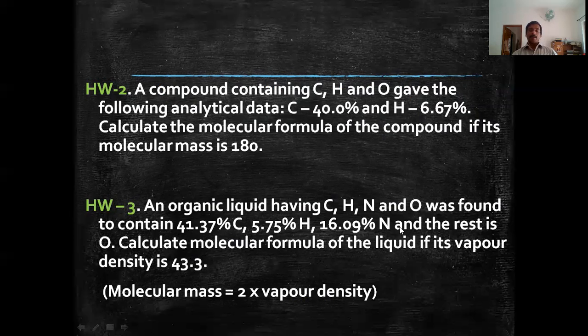Carbon, hydrogen, and nitrogen are given, but oxygen is not given. Clearly, it is mentioned oxygen is there. You will get the percentage of oxygen by 100 minus sum of the percentages of other elements. And here, instead of molecular mass, vapor density is given as 43.3. Then what is molecular mass? Molecular mass 2 into vapor density.